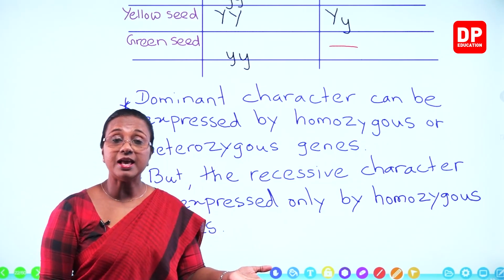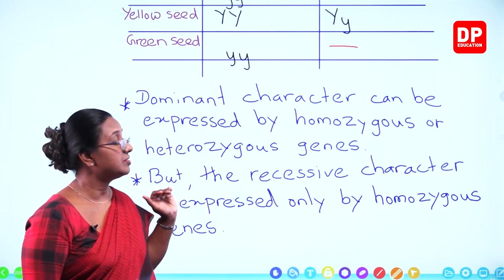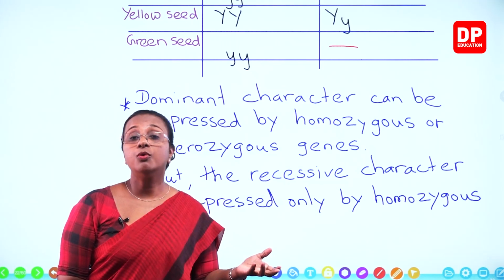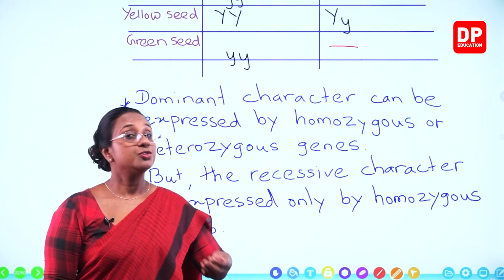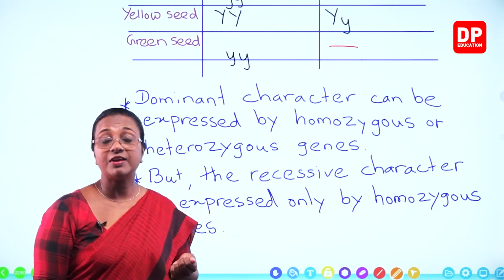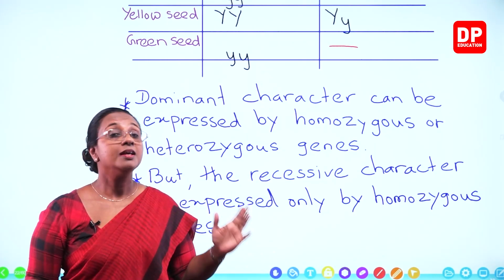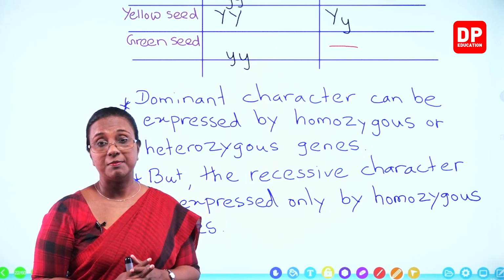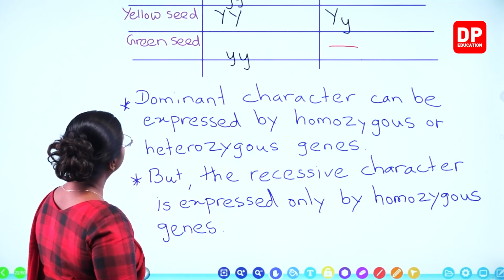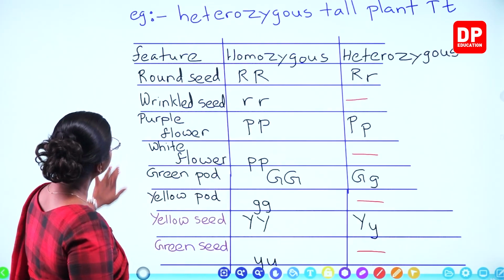So that can be expressed. But if the recessive character has to be expressed, it has to be the homozygous condition. So there is no heterozygous condition for a recessive character to be expressed. That is something you have to remember. So if we quickly go back and see what we discussed.